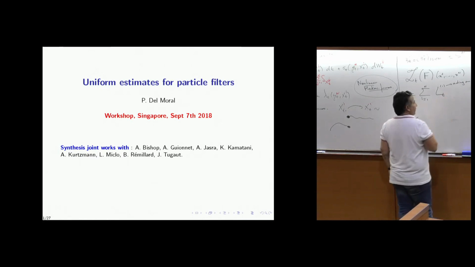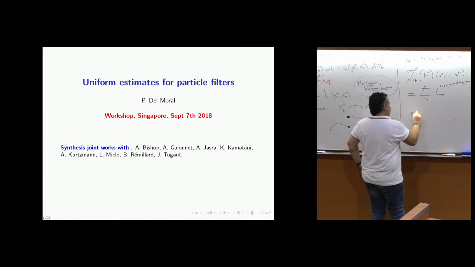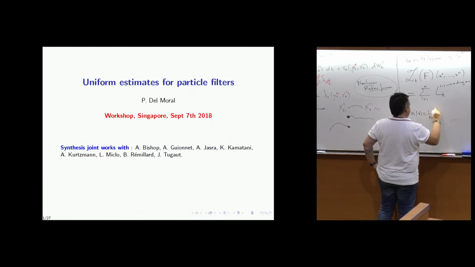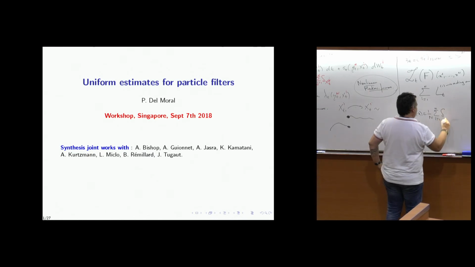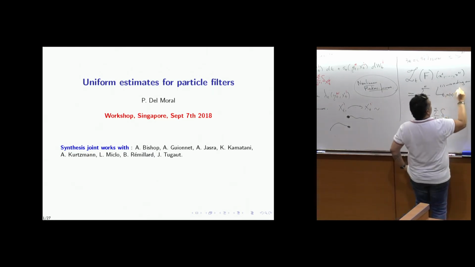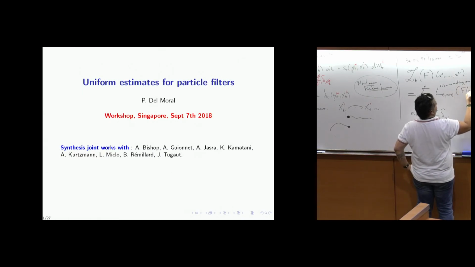It depends on the time. It depends on the empirical measure you had at that time. And you act on functions where you fix these guys. You act on this one.